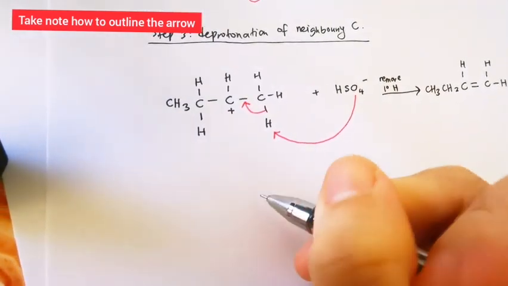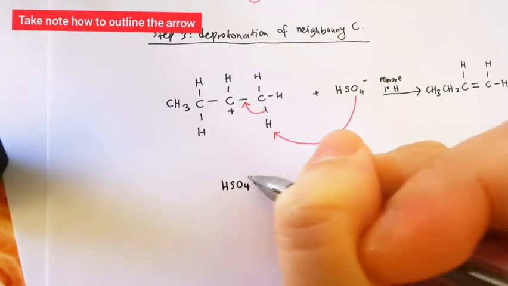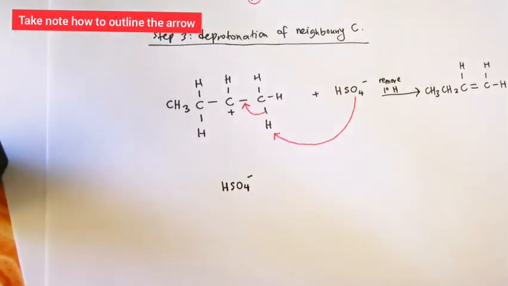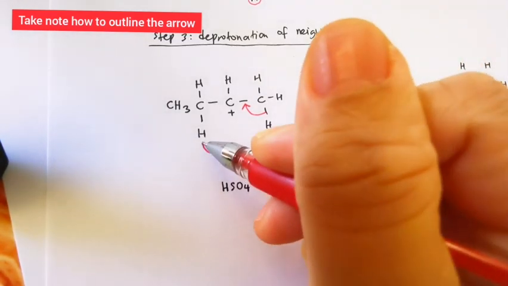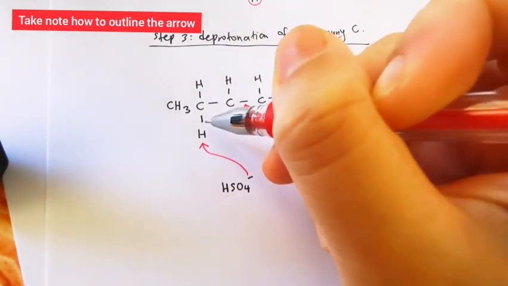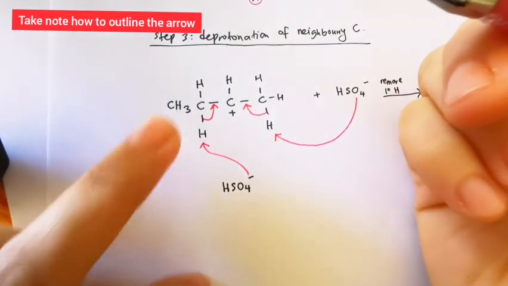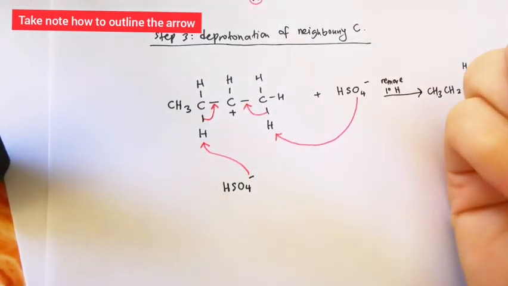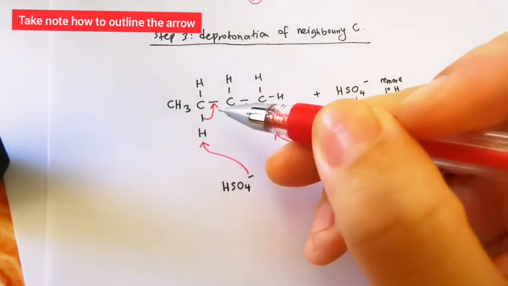Still HSO4 minus that is involved. Now we will show the attacking of this hydrogen. So from this O, it will attack this hydrogen and this CH bond will break. So two electrons will go to the bond here.